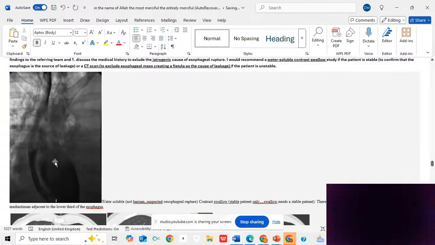Extraluminal contrast in the mediastinum adjacent to the lower third of the esophagus.